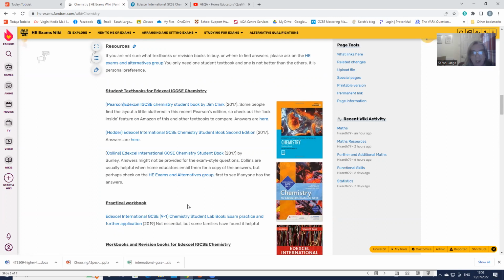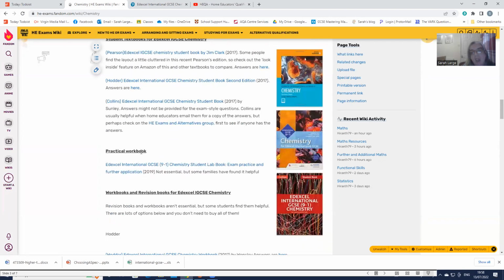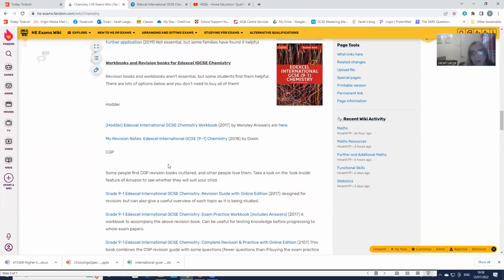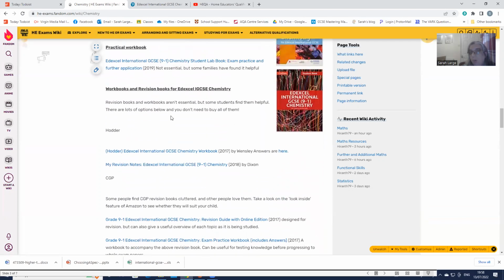If they've been endorsed, which the ones listed here will be, that means the exam board has said you can learn the content from this. It's as simple as that. So they will be fine to use any of them that are listed. And then there's extra ones, workbooks, revision books. Any of this you use is up to you.